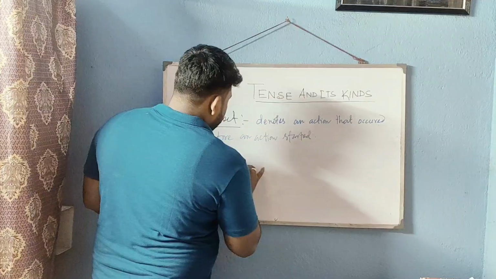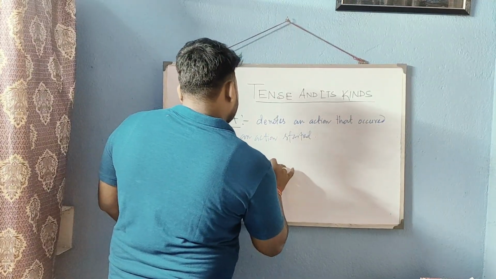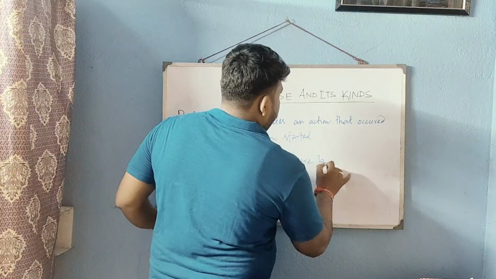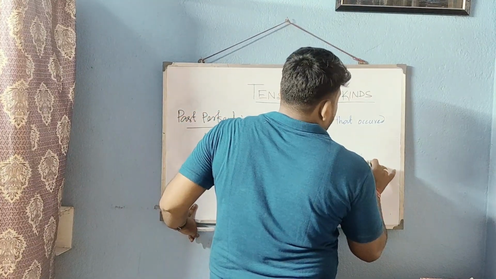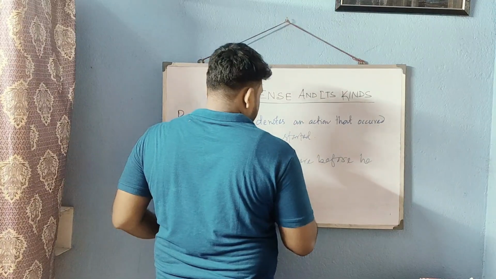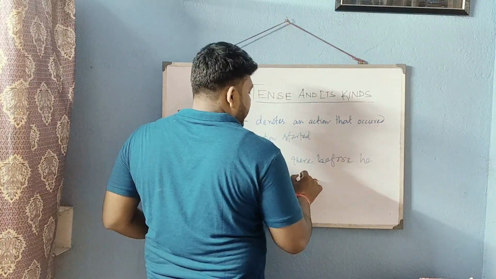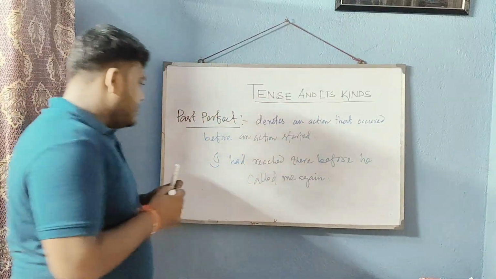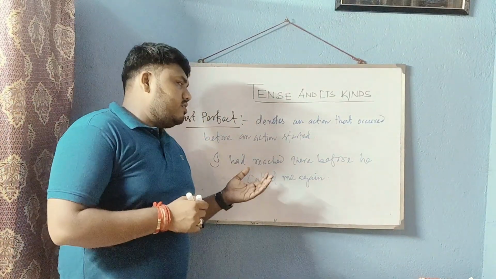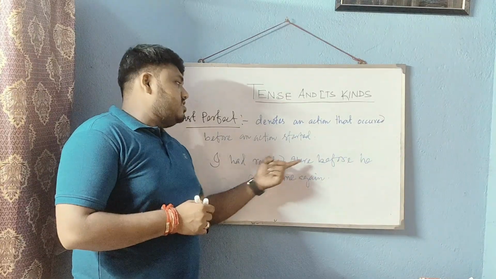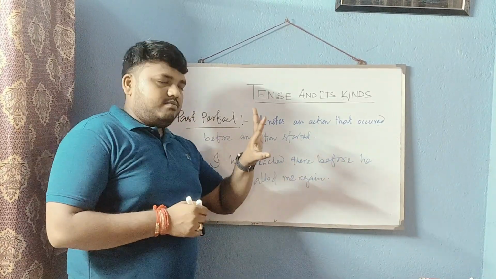Maybe he called you in the morning and told you to come at 10 o'clock and you reached beforehand. So you can say that I had reached there before he called me again.